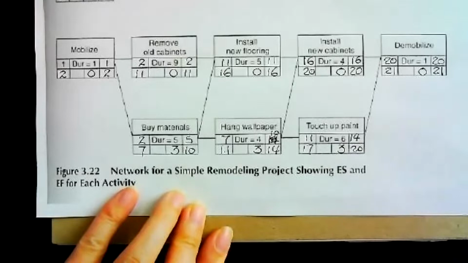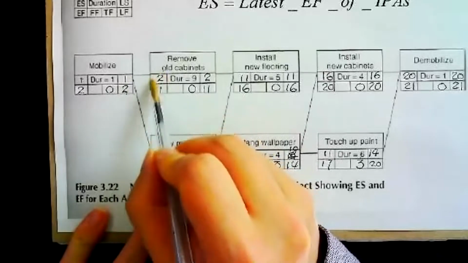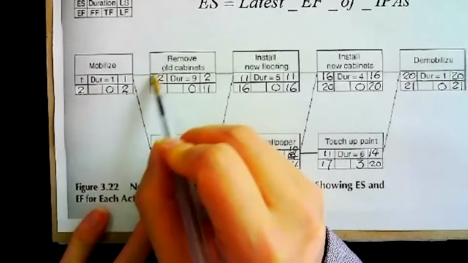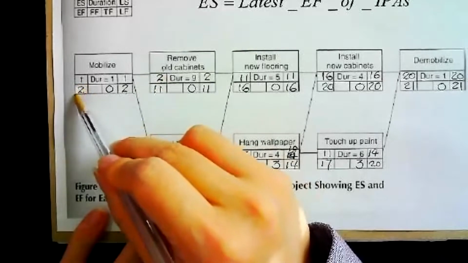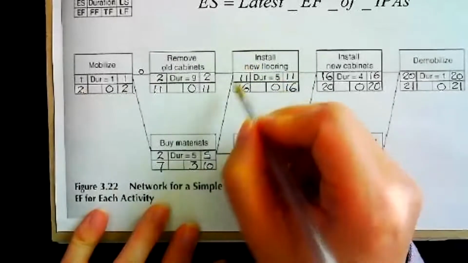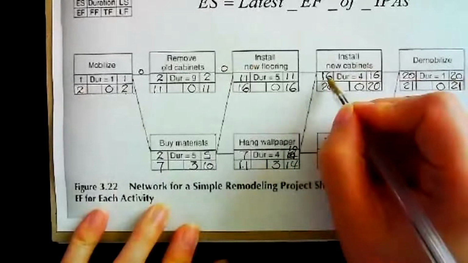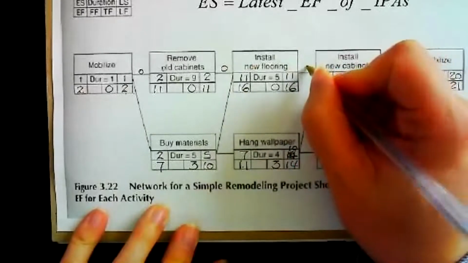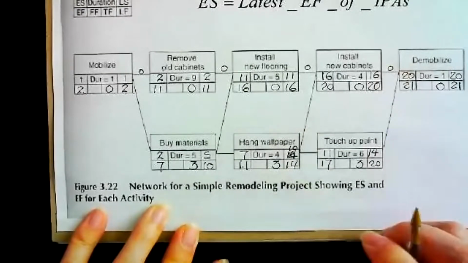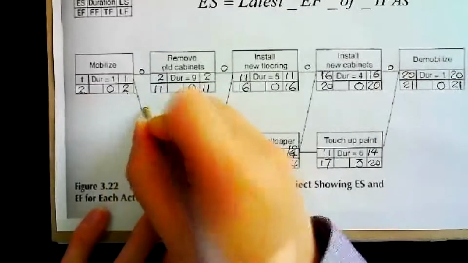Now we need to calculate lag. Lag means for each line, use the early start minus the early finish of the preceding one. So this is 2 minus the preceding's early finish, which is 0. On this line, you mark the lag number 0. This 11 minus 11, lag is also 0. 16 minus 16, lag is 0. 20 minus 20, also 0. See this one, 2 minus 2, also 0.